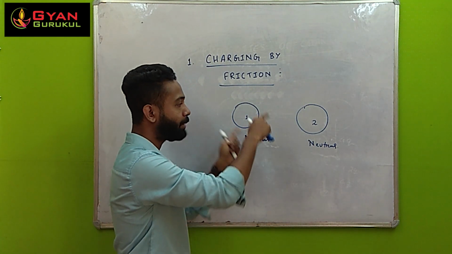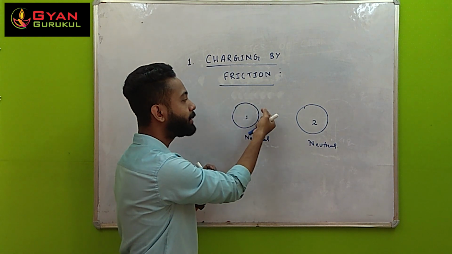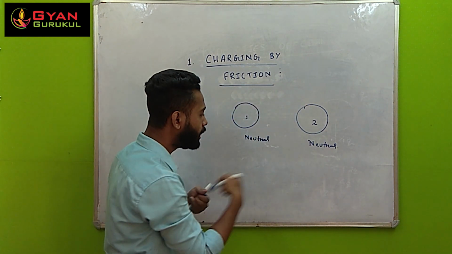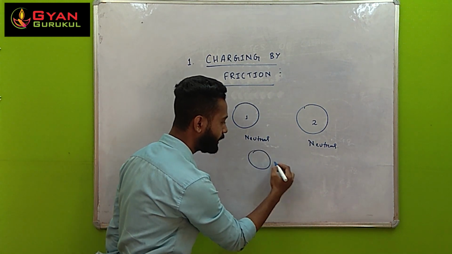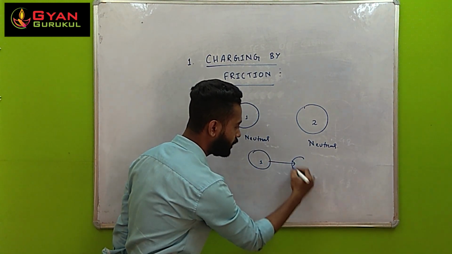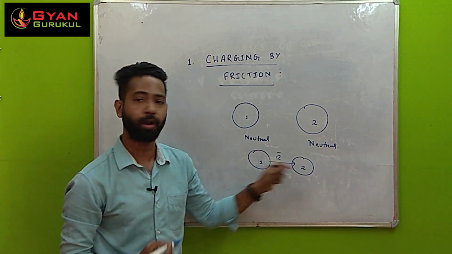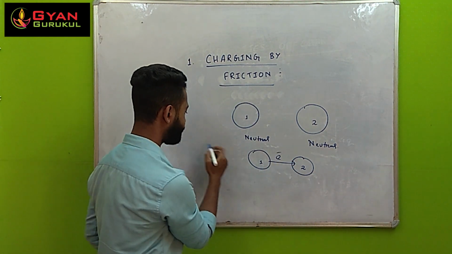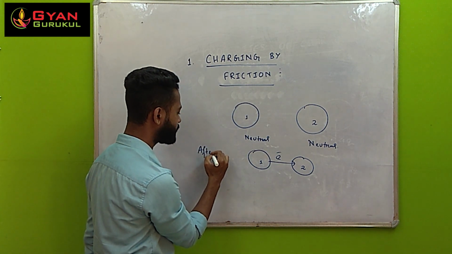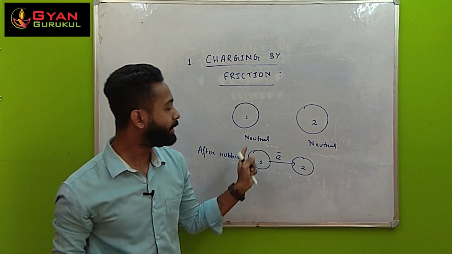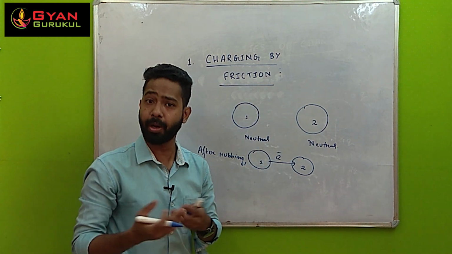So suppose the electrons move from body 1 to body 2 after rubbing. When the electrons move from body 1 to body 2, what would happen?